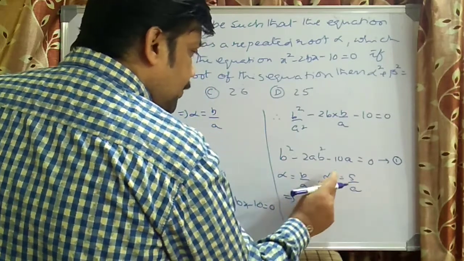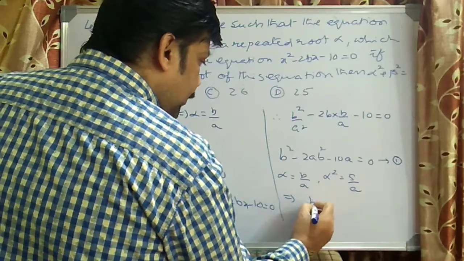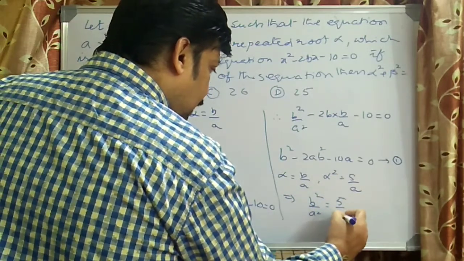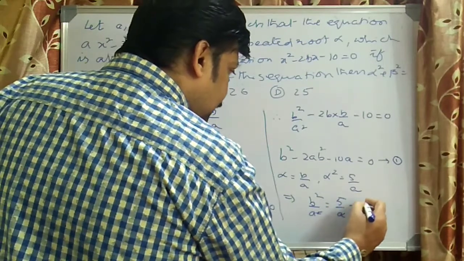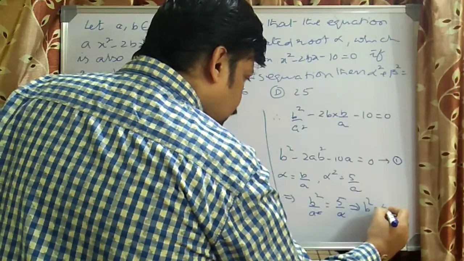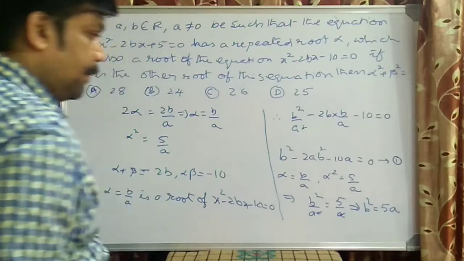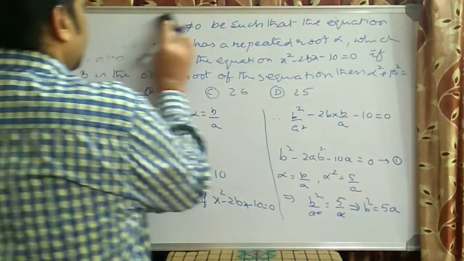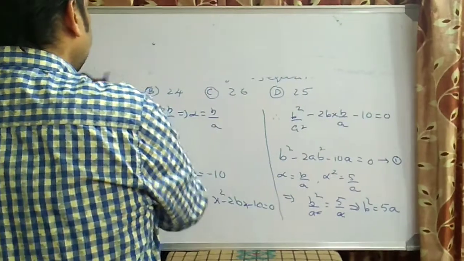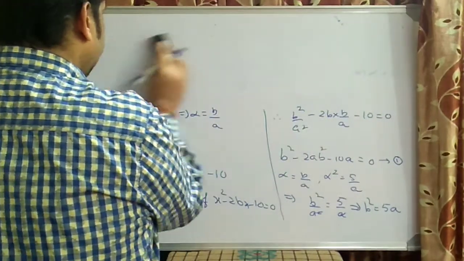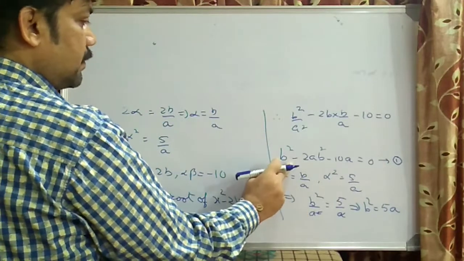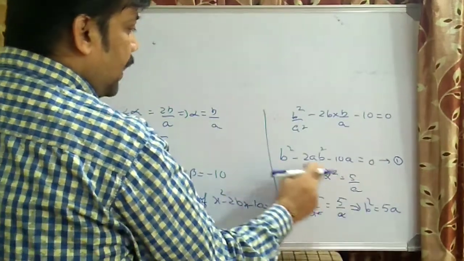That implies substituting in the place of alpha square, b square by a square is equal to 5 by a. One a cancelled, then b square is equal to 5a. Now I am rubbing this off and writing again. I have got the value of b square as 5a.